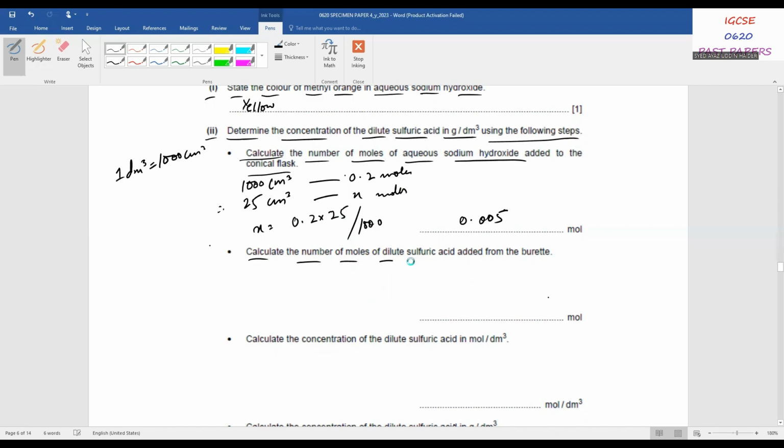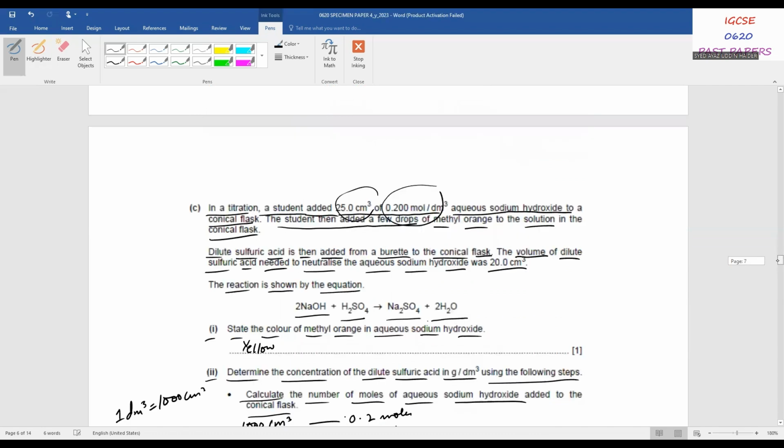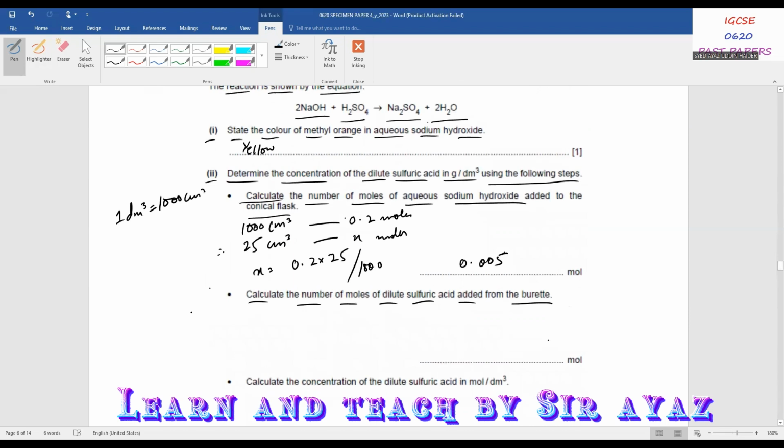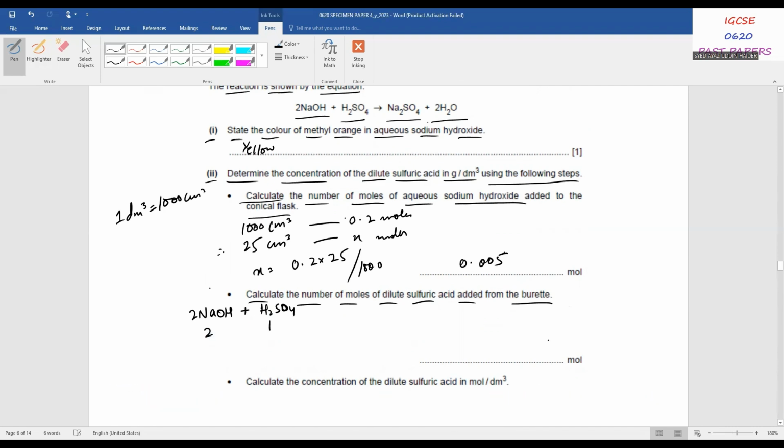Calculate the number of moles of dilute sulfuric acid added from the burette. Now you'll write the reaction equation here. 2NaOH plus H2SO4. We know the number of moles of sulfuric acid is 1 and sodium hydroxide is 2.